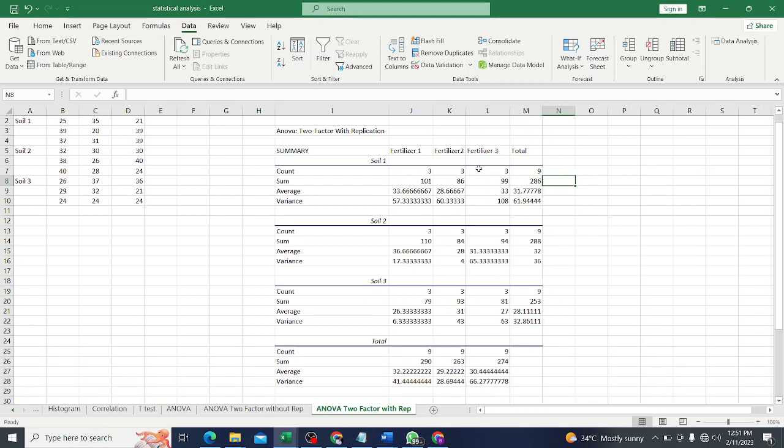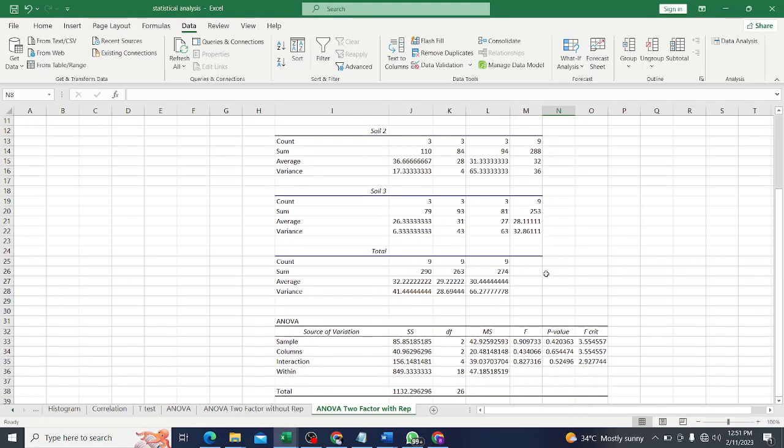You have the count, the sum, the average, and the variance for each fertilizer in soil 1. Also the same thing for each fertilizer in soil 2 and that of soil 3. And then we have the total. Then this is the ANOVA table for each variable.